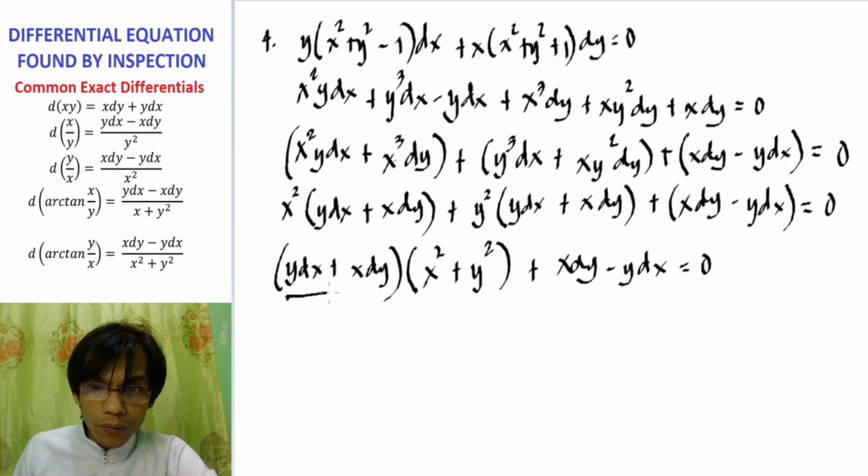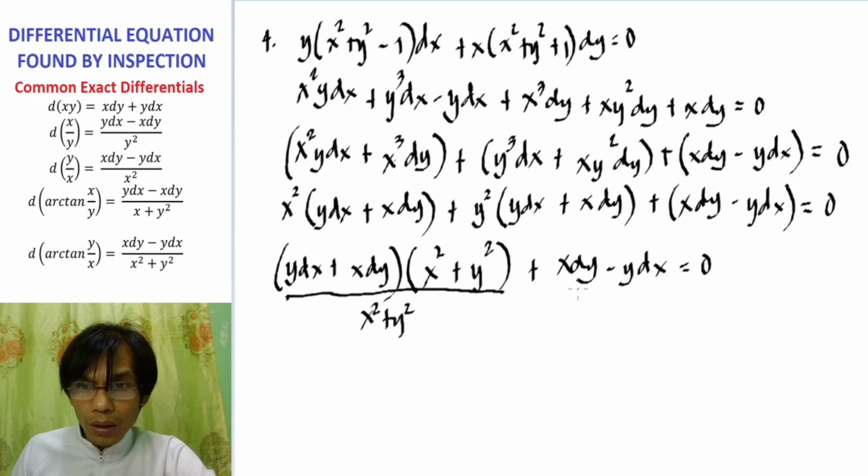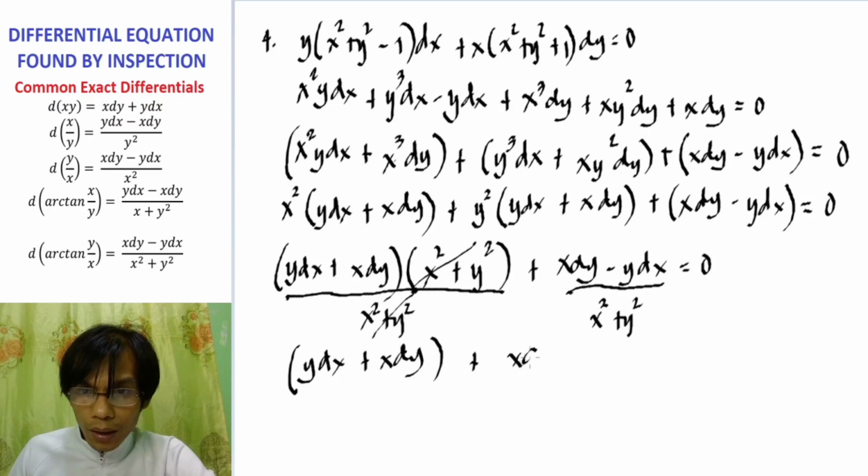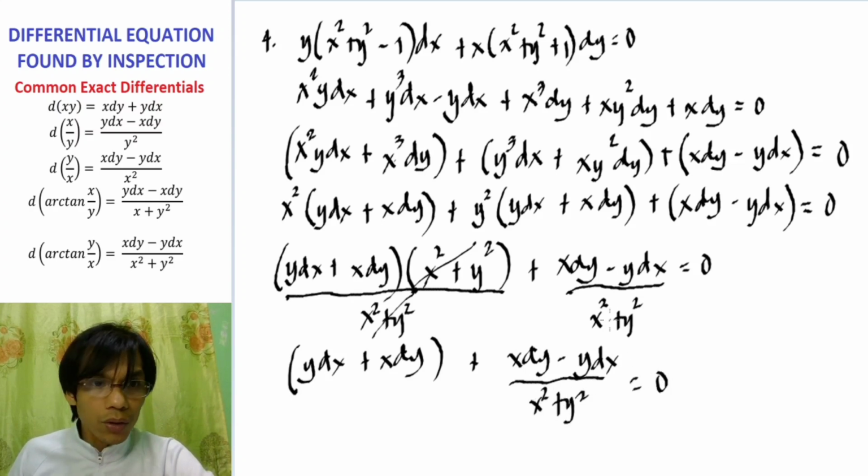Now, if we divide by x squared plus y squared, also x squared plus y squared in here, notice this cancels out. What is left is y dx plus x dy, plus x dy minus y dx over x squared plus y squared, and that is equal to 0.